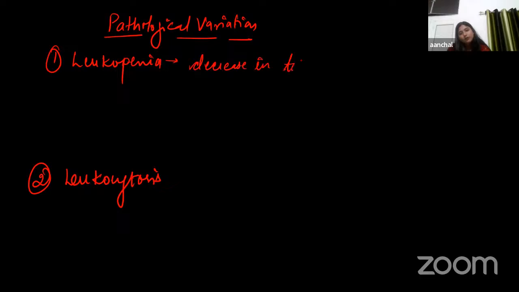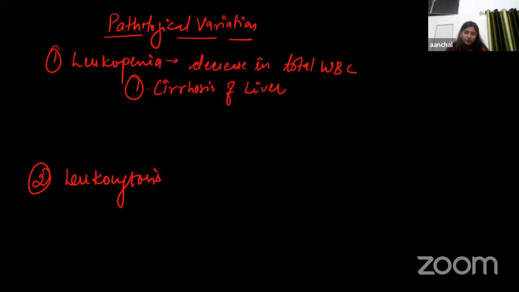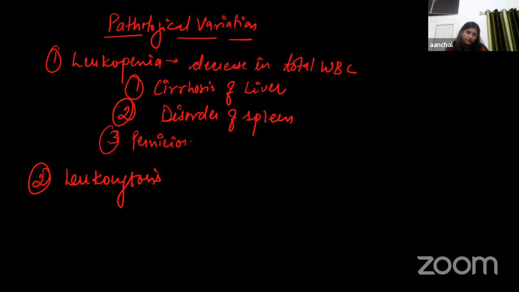This decrease in total WBC can occur due to conditions like cirrhosis of liver, disorder of spleen, pernicious anemia, or due to presence of typhoid inside the body.